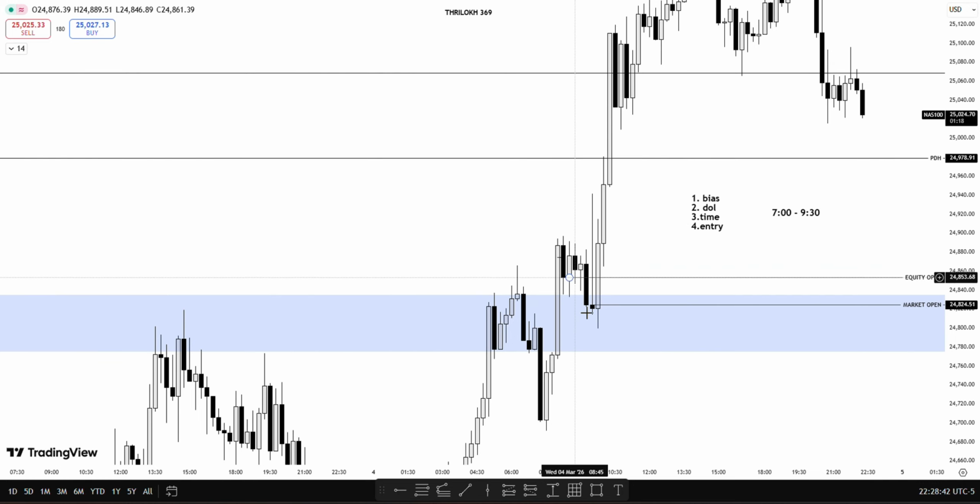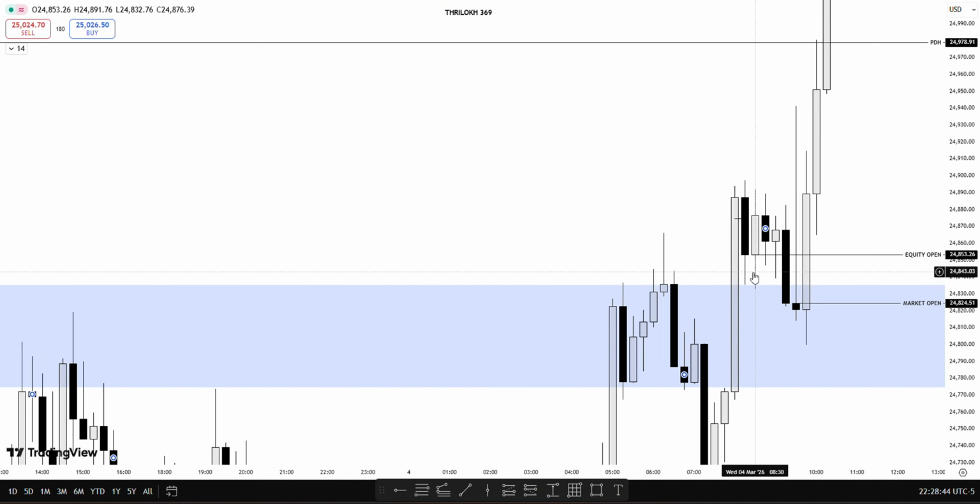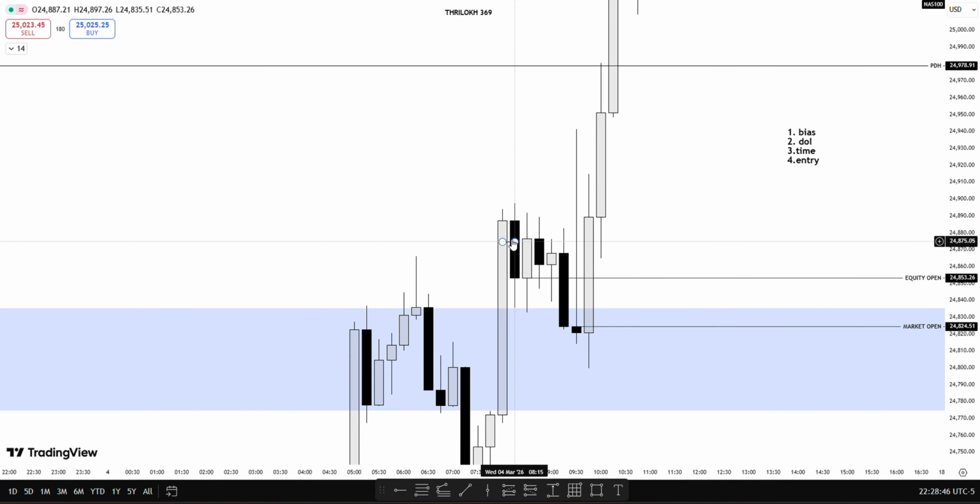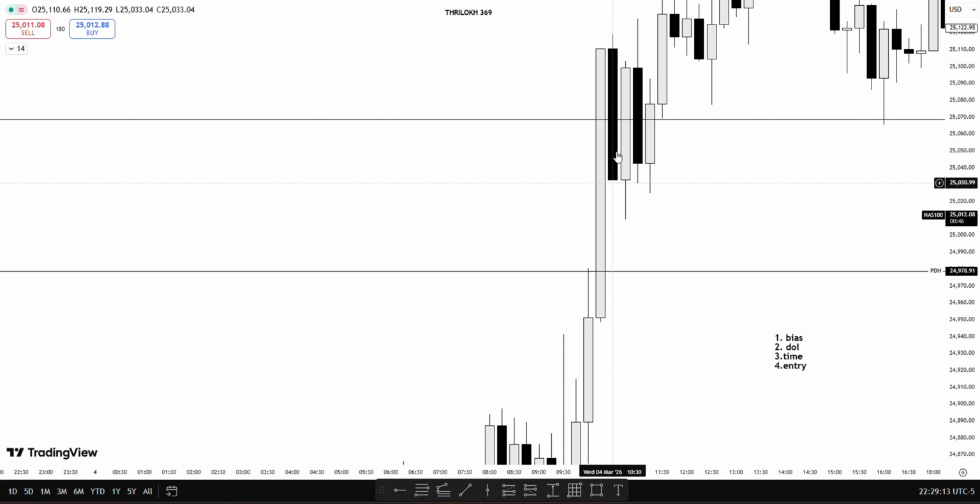8:30 and 9:30 are crucial opening windows to trade. Here is the equity opening, the 8:30 opening and the 9:30 opening. Here, on Wednesday, the market opening and the equity opening, we want to buy or sell below. If it is a buying day, buy below the market opening price and sell above the market opening price.